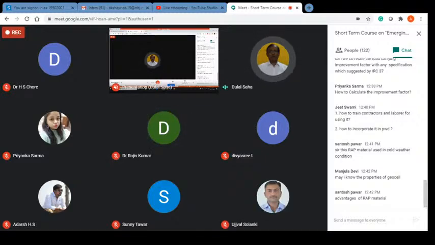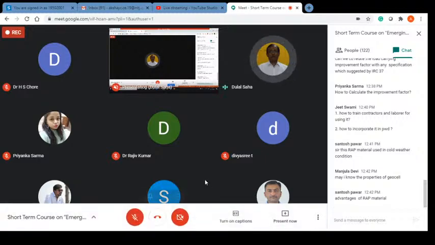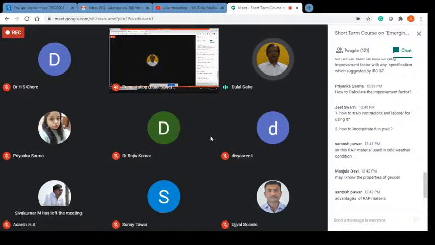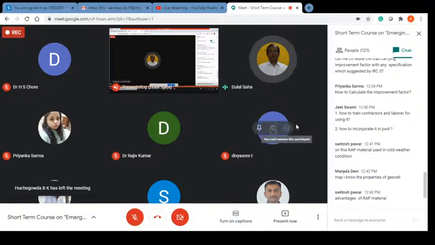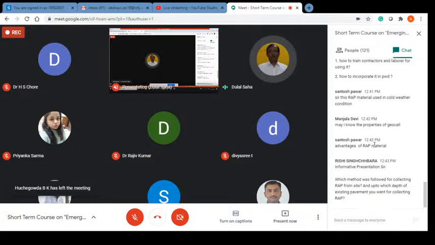The first one is something like this. It is from Ms. Manjula Devi. Can we correlate the load carrying improvement factor with any specification which is suggested by IRC 37? I mean, if I understood the question correctly, the basic material I have considered for this model testing was WMM material.